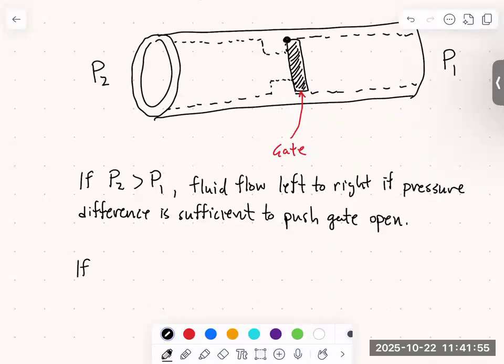If on the other hand we made P1 bigger than P2, then that force is just going to push the gate closed harder and harder. And so there will be no fluid flow.